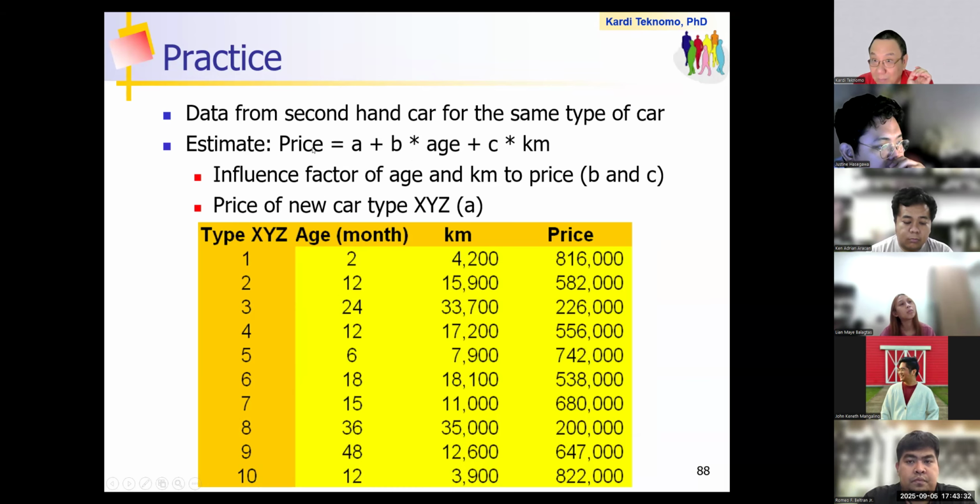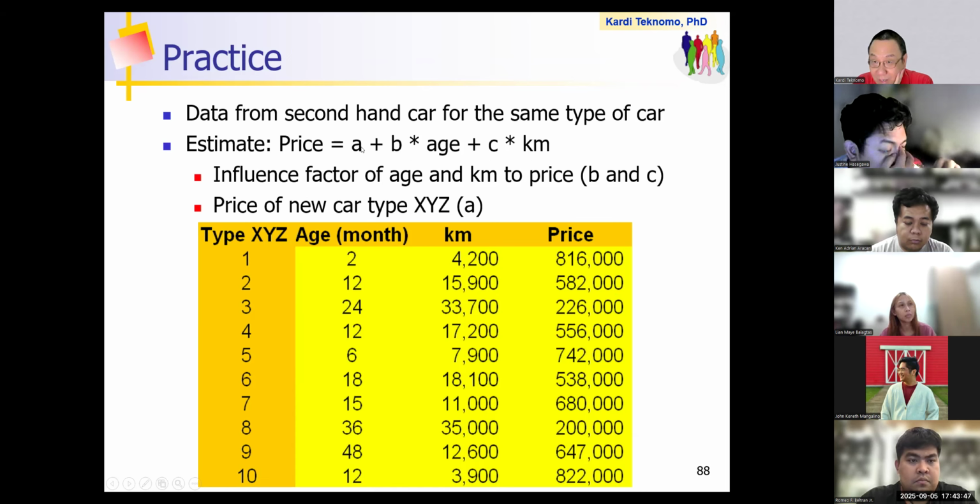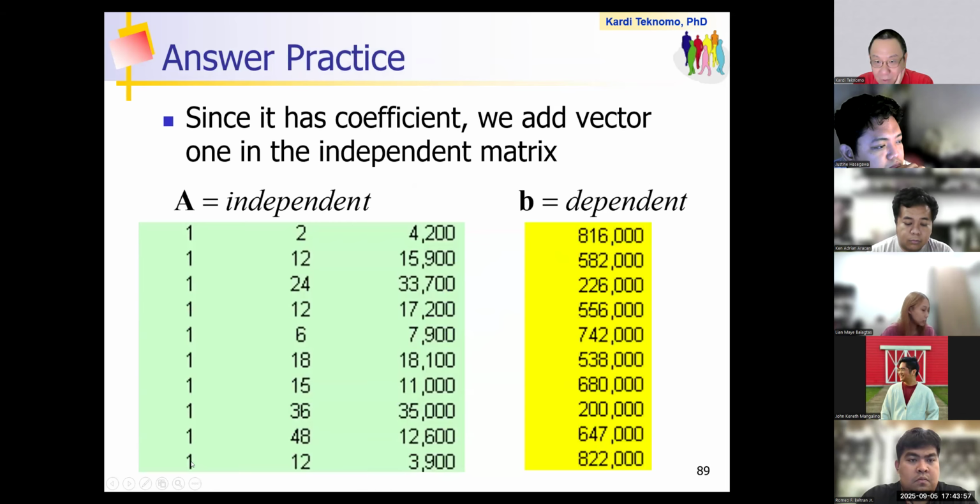Look at this model that I have: a plus b times age plus c times kilometer. What I will do is put that into matrix form. Because we have a here, a times 1, and because there is no variable, I put a times 1, 1, 1, 1, 1, 1.